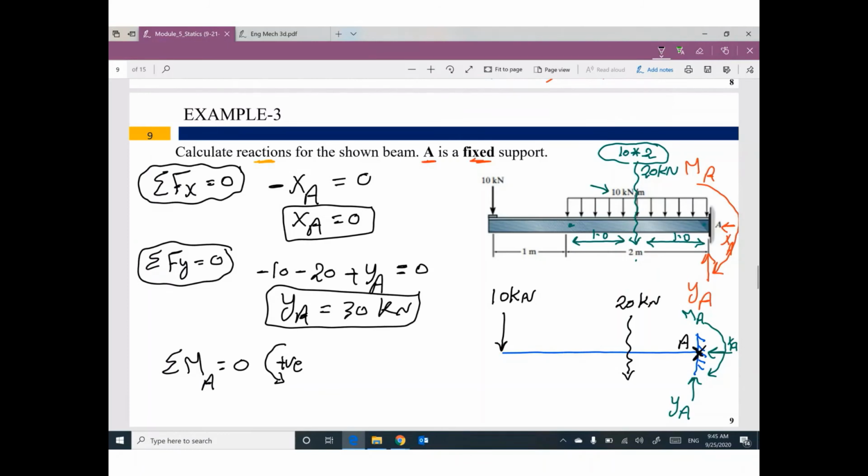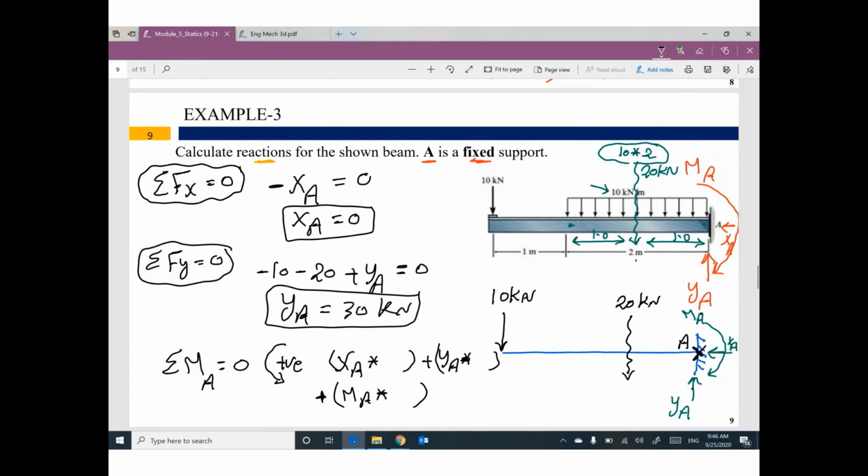So I'm sitting at A. XA times what? YA times how much? MA times how much? Guys, we have YA, XA, MA, we have 20, we have 10. You are sitting at A. Let's start with YA. What is the distance for YA?